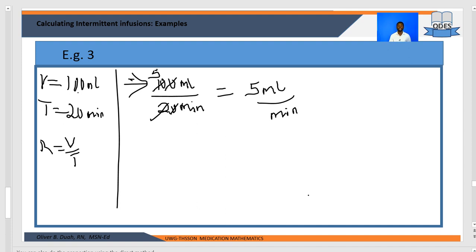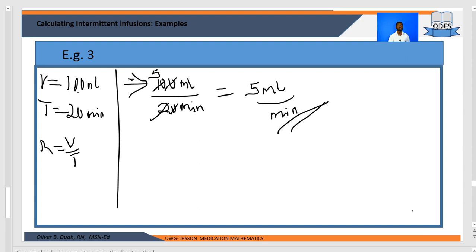Now, the question says that we should also find our answer in ml per hour. There are 3 ways we can do this. We can first find the time in hours and then divide our volume by the time, or we can set up a proportion. We know that 5 ml is going to be over 1 minute.